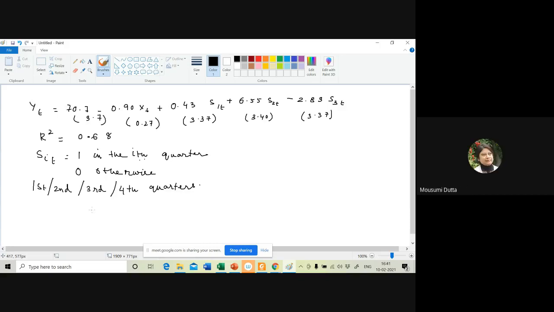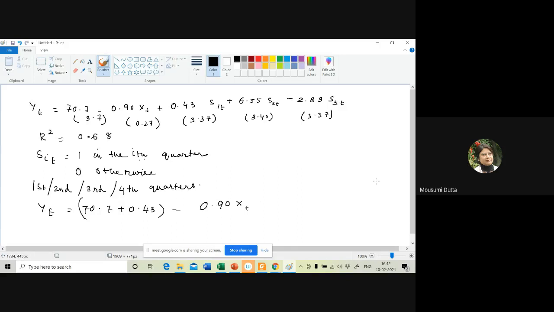Okay, so the first season equation will be Yt is equal to 70.7 plus 0.43, this will be the intercept, minus 0.90 Xt. This is the estimated equation, so there is no error. This will be the equation for the first quarter.